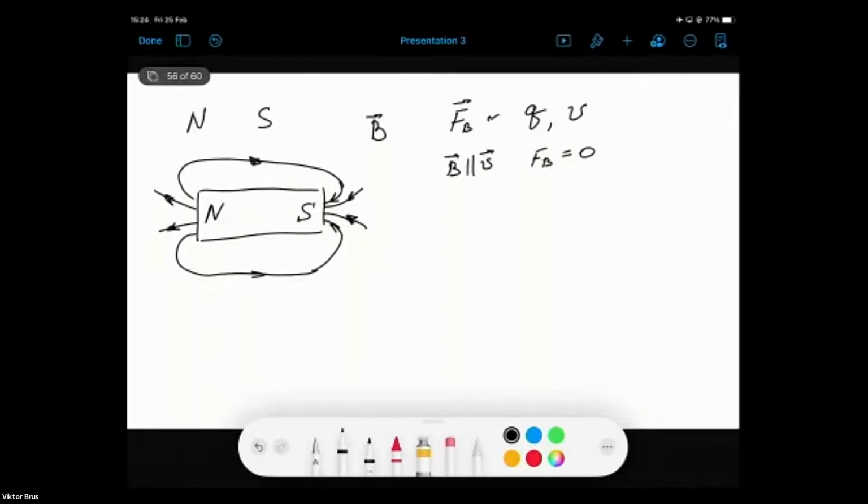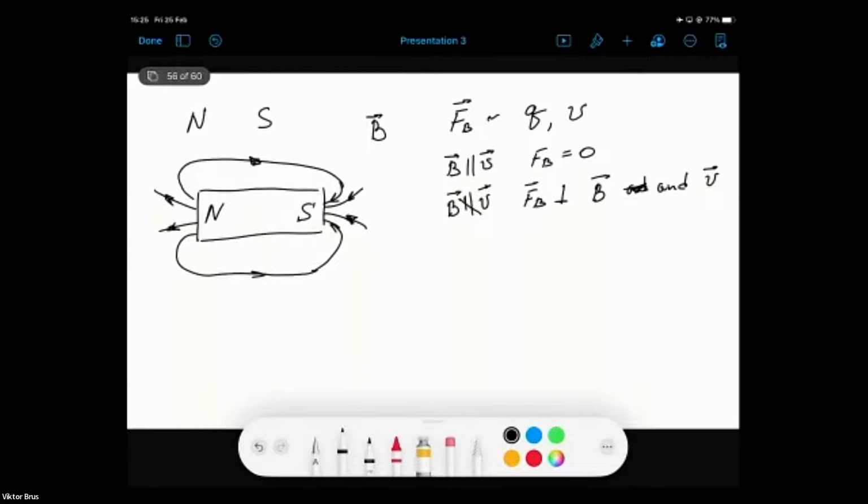If there is some angle between the magnetic field and velocity vector, so they are not parallel, then the magnetic force vector is perpendicular to both the magnetic field vector and the velocity vector.